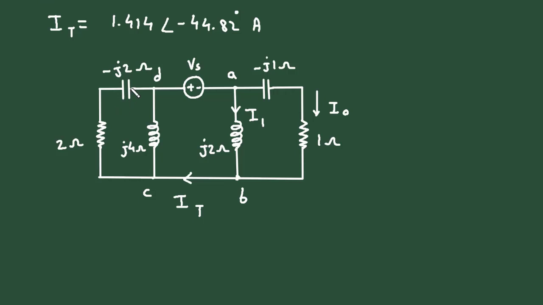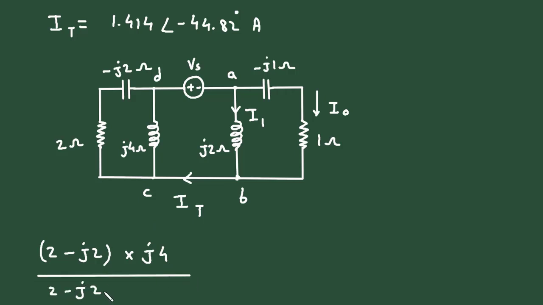Now here these two are in parallel. So here we can write 2 minus J2 into J4 divided by 2 minus J2 plus J4.